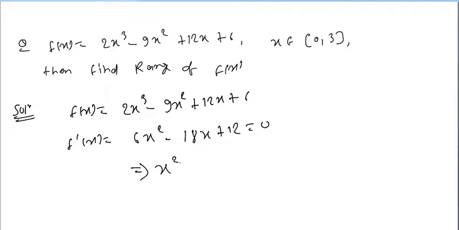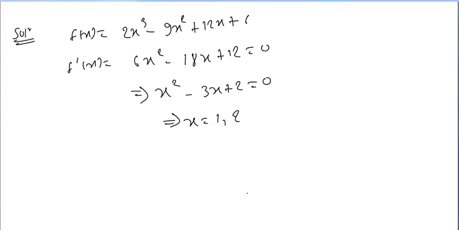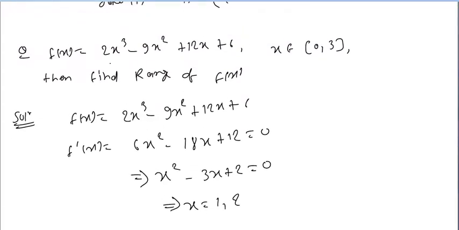That is x square minus 3x plus 2 is equal to 0, so we have x is equal to 1 and 2. So 1 and 2 are the points where the derivative is 0, and the polynomial function is always defined.